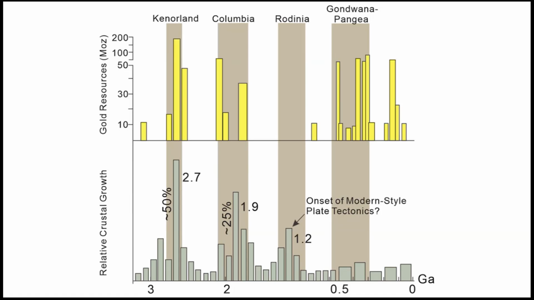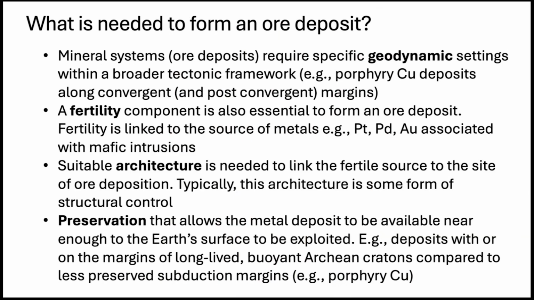Okay, so we need to form an ore deposit. Well, we talked about mineral systems last time, but this is the way that the textbook frames it. So we need a geodynamic setting, the broad tectonic framework. Just as an example, porphyry copper deposits form along convergent margins or in post-convergent margins as well.